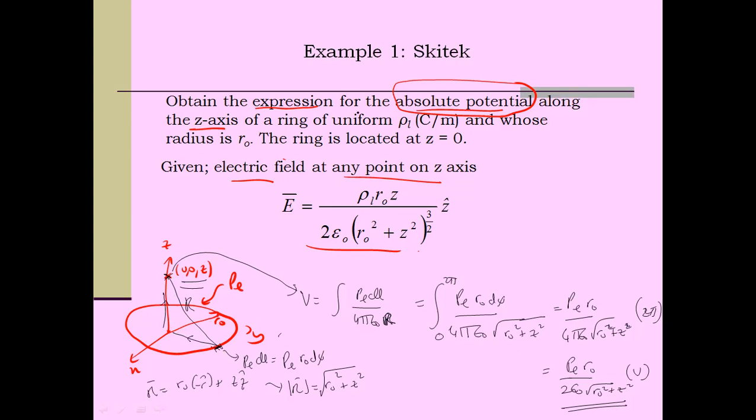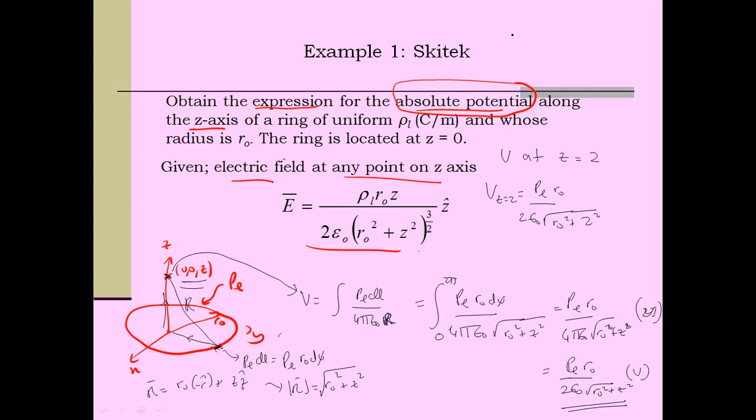So for example, if you want to find the potential at z equals 2, simply we can find that. So V at z equals 2 will be simply rho L R naught over 2 epsilon naught times the square root of R naught squared plus 2 squared, because z equals 2.